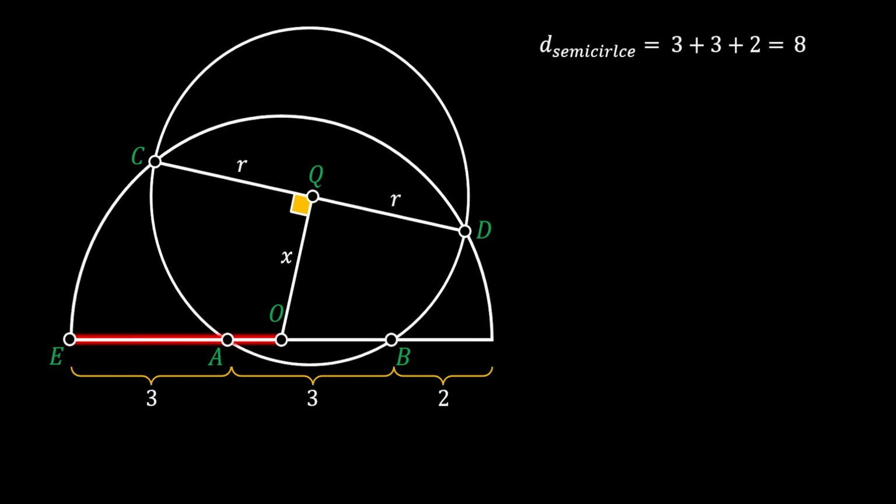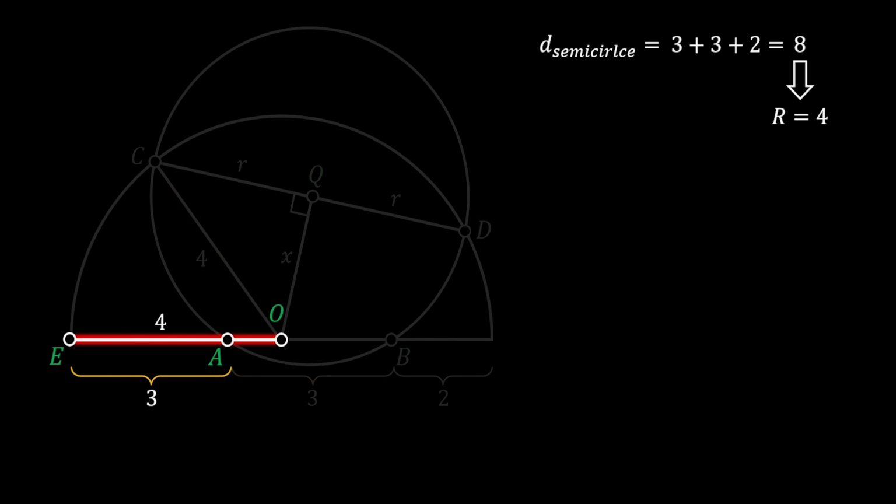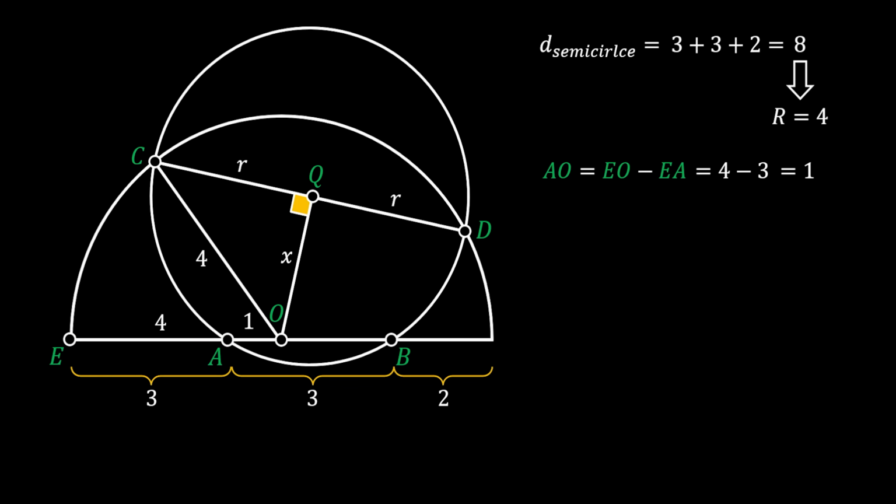Since the diameter is equal to 8, this means that the radius of our semicircle must be equal to 4. Now we can rotate this radius to the point C, and we will notice that the line OC will also have the length of 4. Then if you take a look at the line AO, you can see that we can calculate this line as the difference between the radius EO and the segment EA, which is in our case 4 minus 3, so this means that the segment AO must have the length of 1.